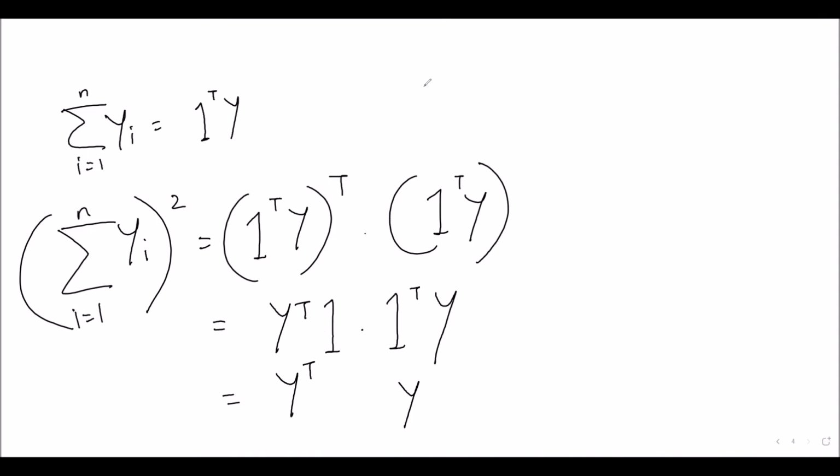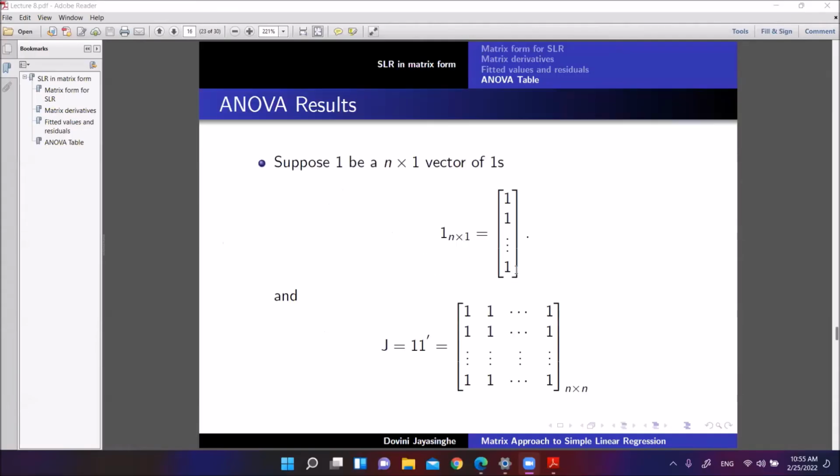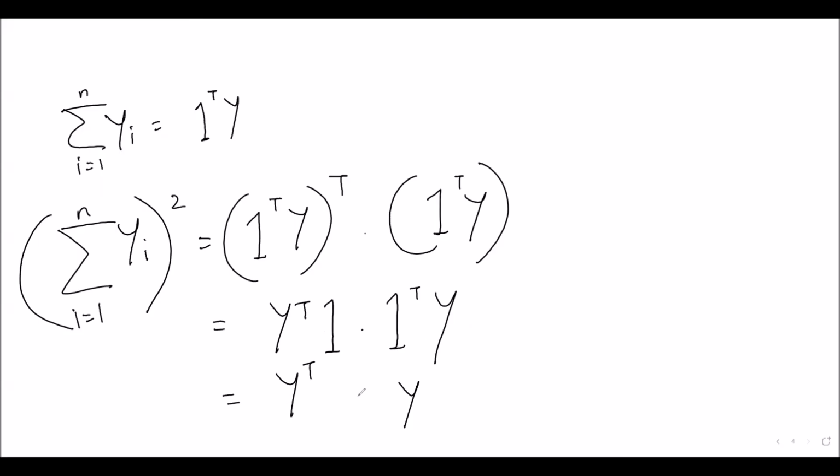We gave a notation for that: 1 times 1 transpose is J. So if you want to compute this quantity by using matrix, this is the formula. It should give you the same thing. Just like that, you can prove everything.